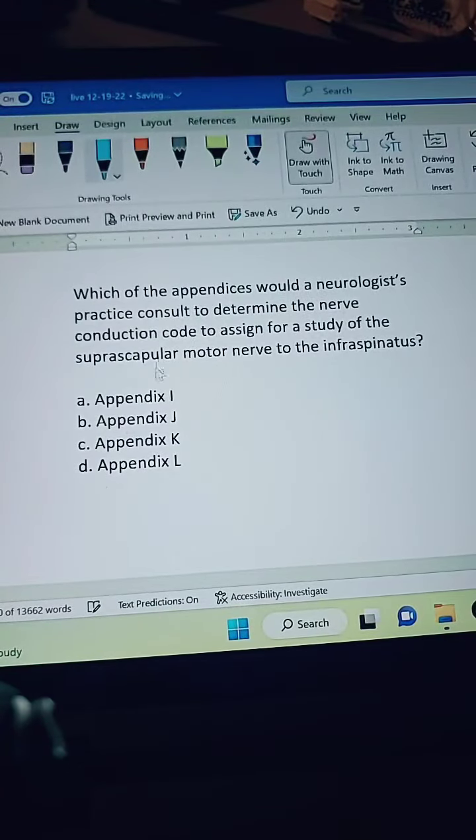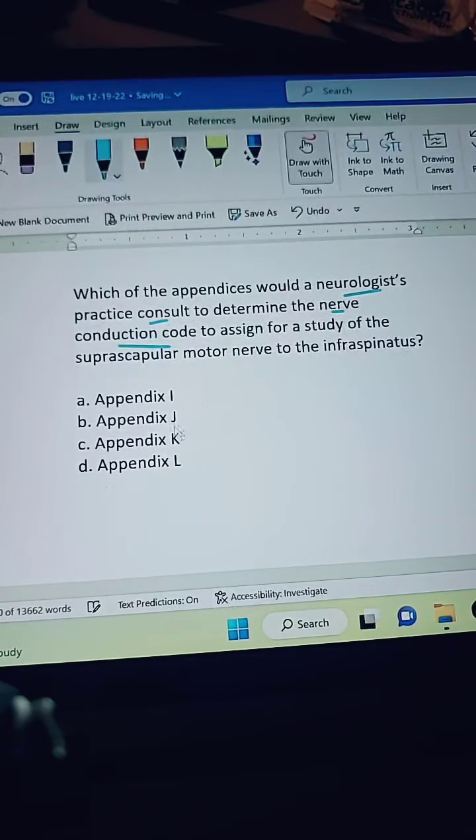All right, which one of these appendixes is one a neurologist might use in a consult to look up nerve conduction codes to assign for a motor nerve infraspinatus?